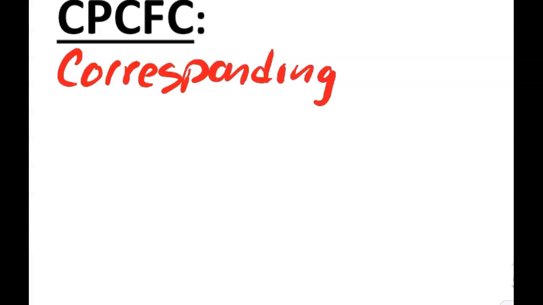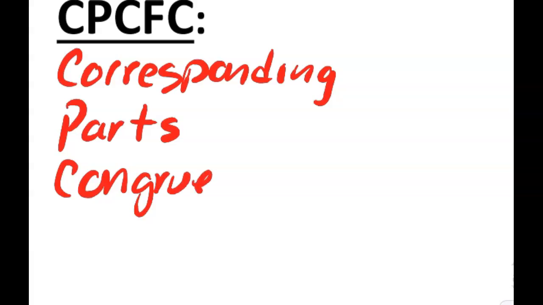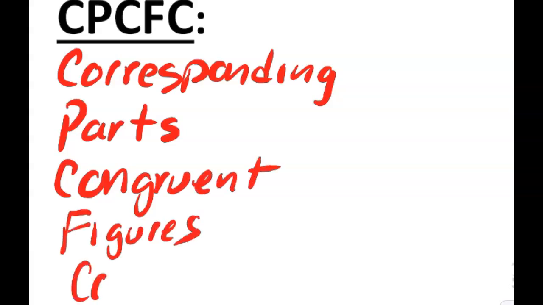So what does this statement mean? It's a 5-letter acronym, CPCFC. And it won't be long that we're going to change that to CPCTC, but that's just a sneak preview. That stands for corresponding parts, meaning parts in one triangle that are the same as the other, of congruent figures are congruent.